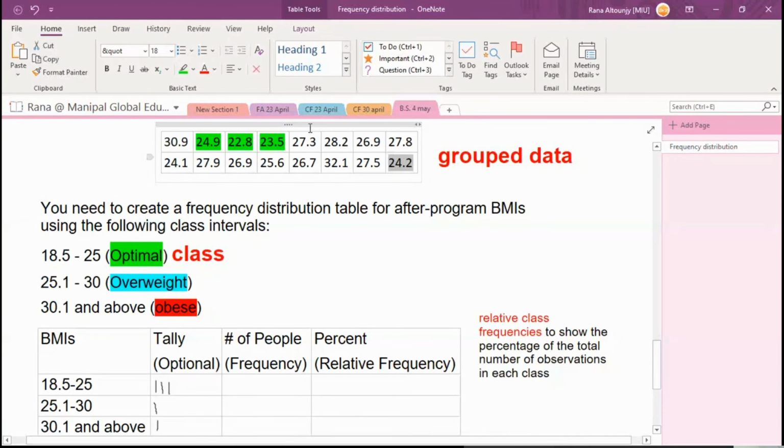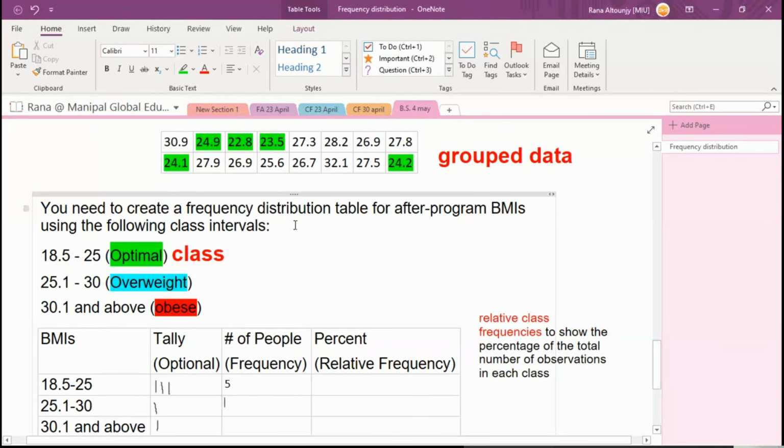Okay, let's see the second one, 25.1 to 30, the overweight. How many? 9. Overweight, they are between 25.1 to 30. So let's check this one.